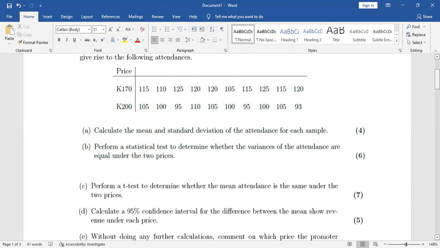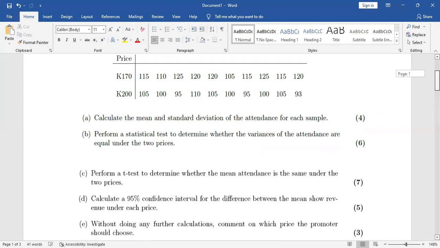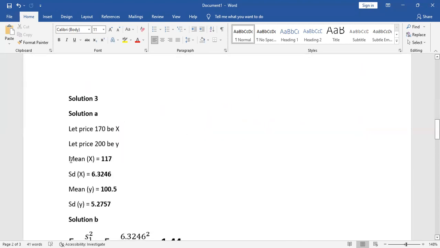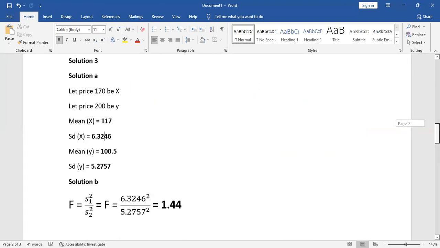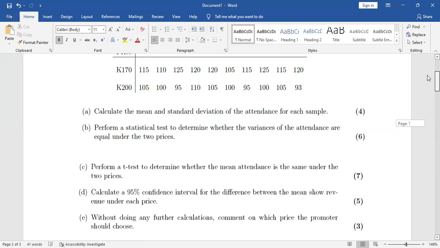So you allow price 170 to be X and price 200 to be Y. When we inputted the data, we were together last time, you saw how we pulled out the mean and the standard deviation. I still have them as part of the solution. So the mean was 117. Standard deviation is 6.3246. All these being pulled out from the data that was entered in the calculator.